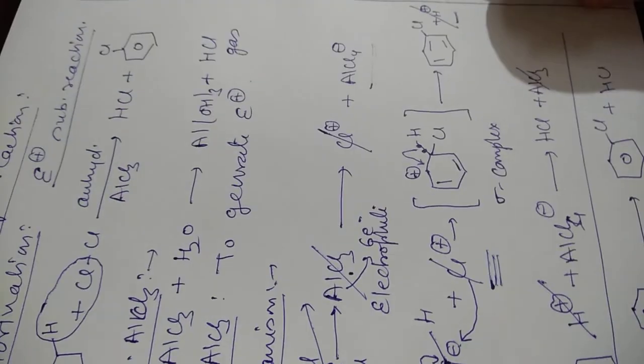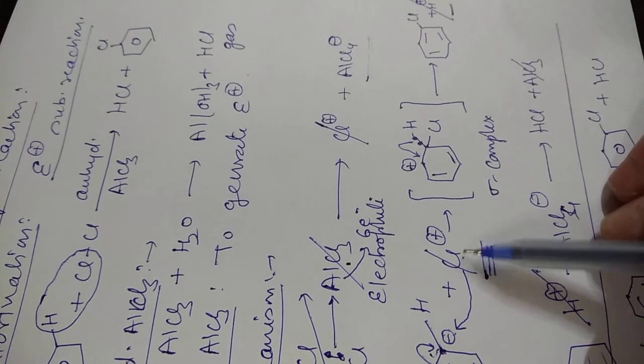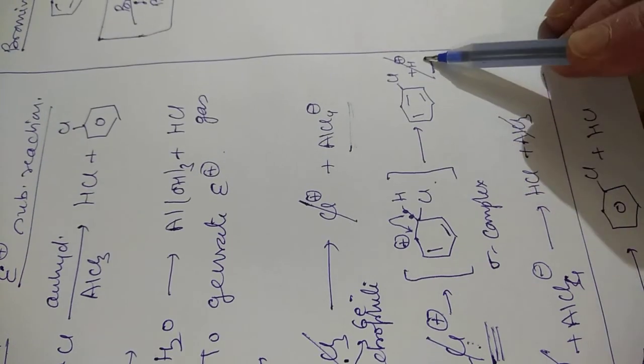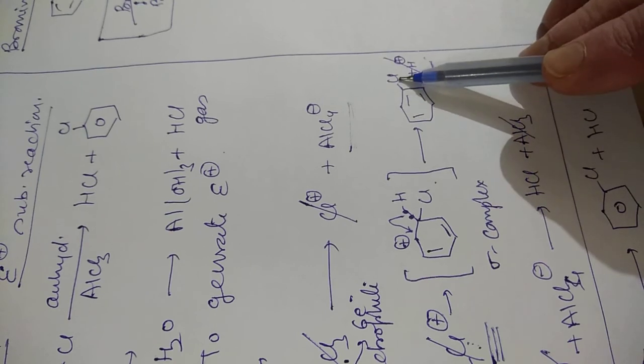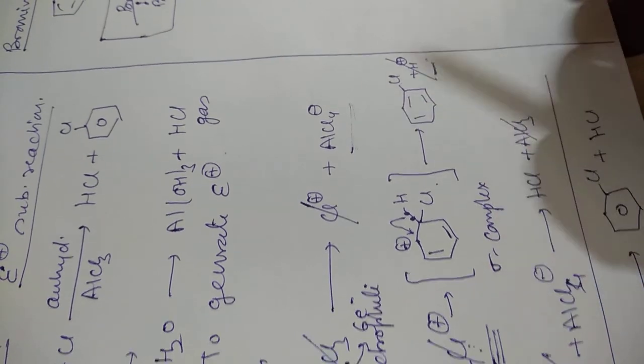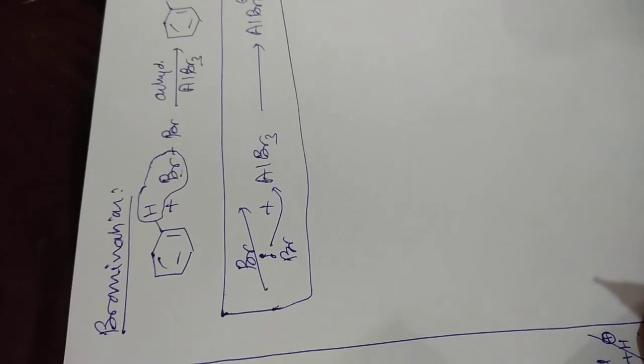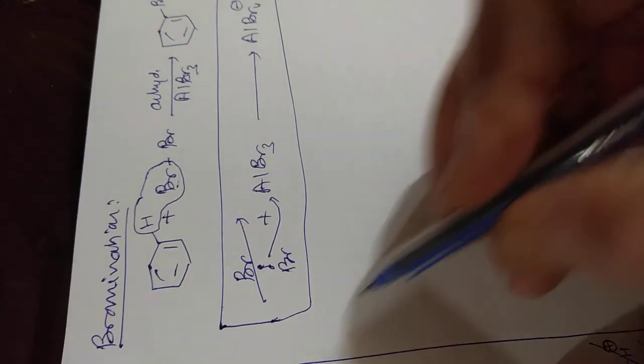So you can see, as we have seen over here, if we use Br plus, here will also be the Br, here H plus will be removed and the Br will come in place of Cl. The mechanism is absolutely the same, only we are changing the reactants to form different products.